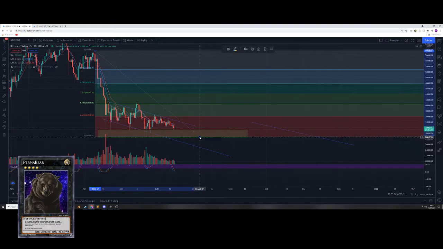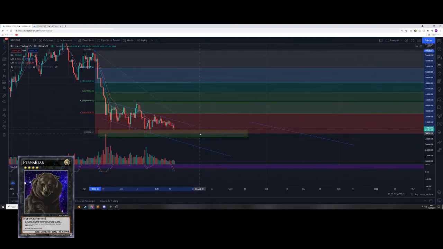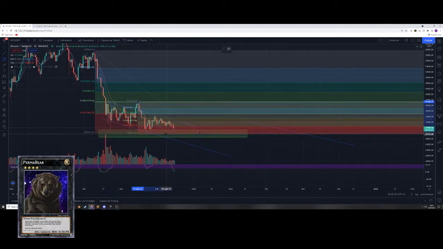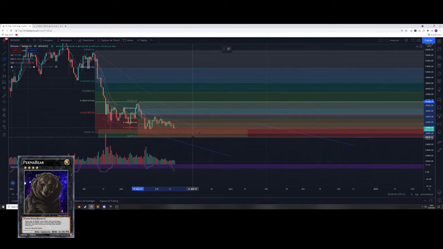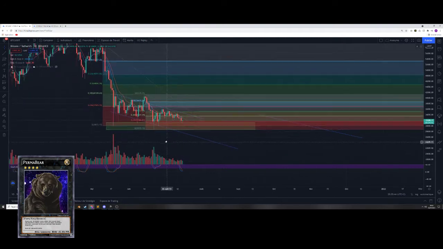So we are only going to take this, and we are going to trace another fib on the 38 bounce until the lowest point, just so we understand what levels were in play.